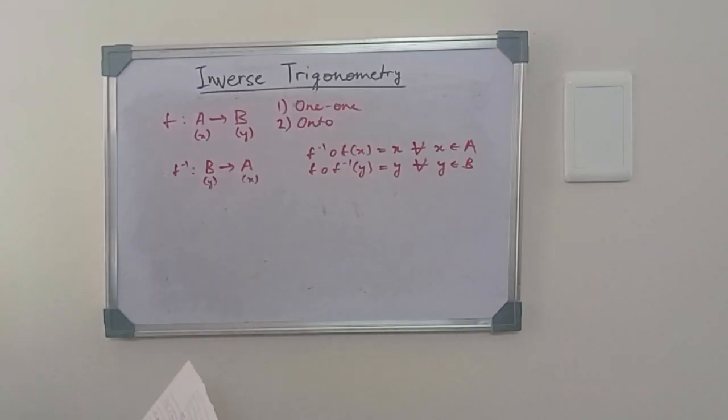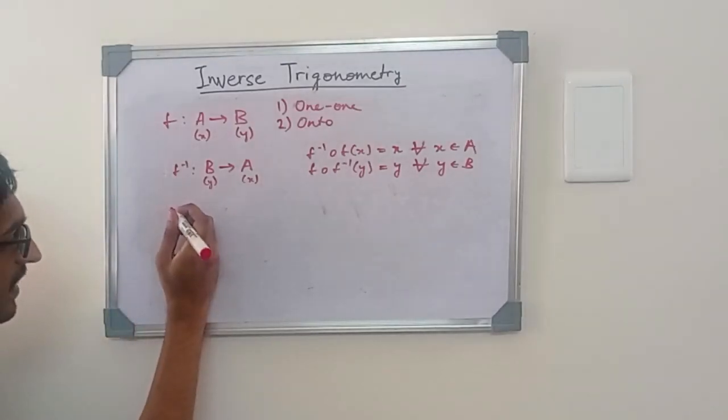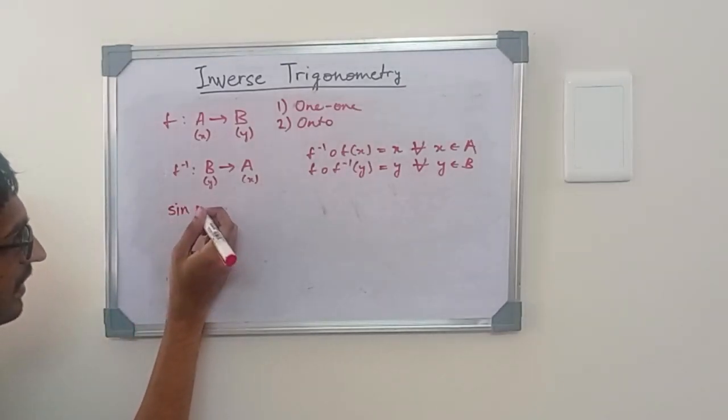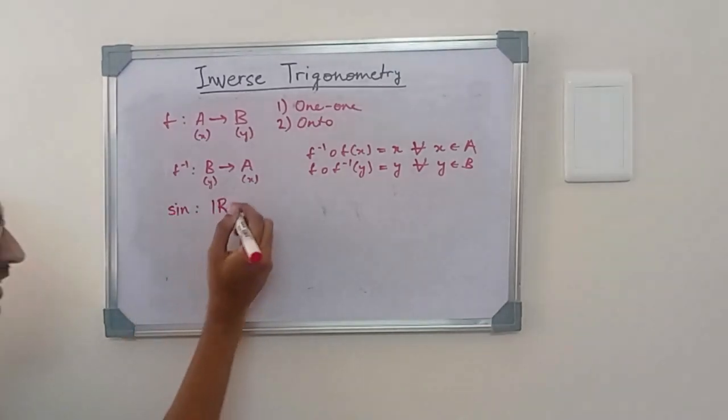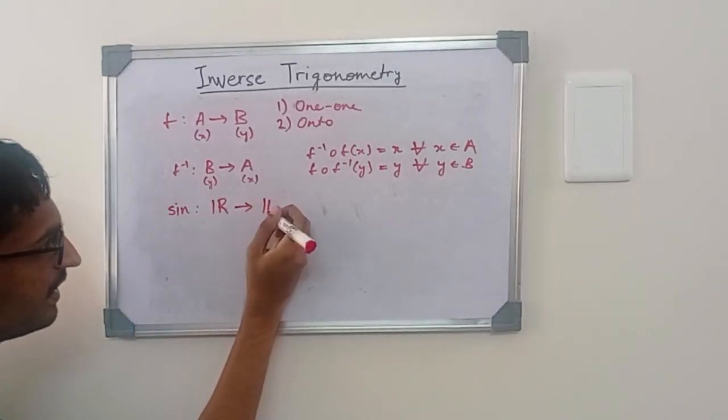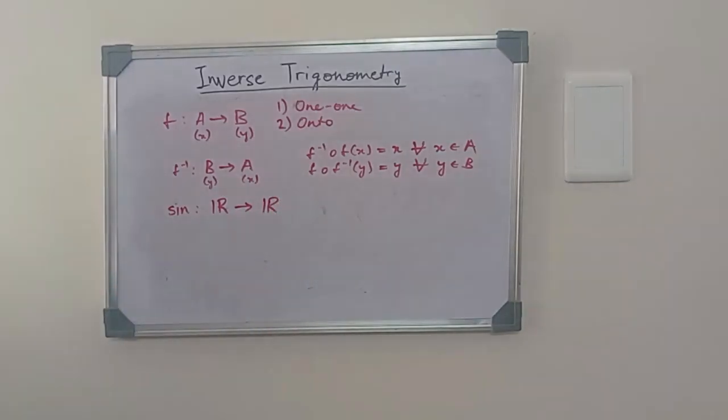The topic is inverse trigonometry. As the name suggests, we are trying to define the inverses of the trigonometric functions. However, consider the sine function, for example, first. The domain is the set of all real numbers R, and the codomain is the set of real numbers again.